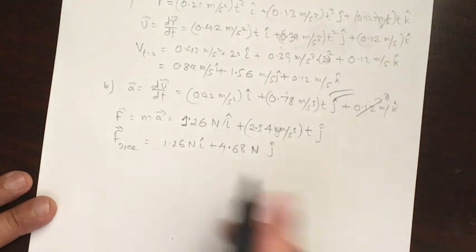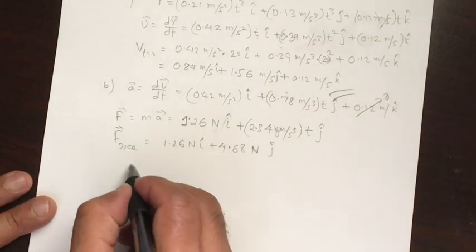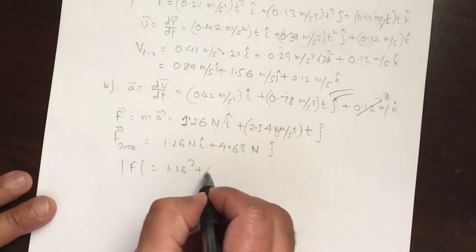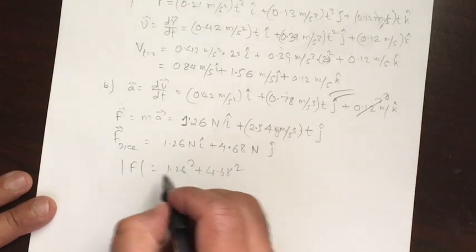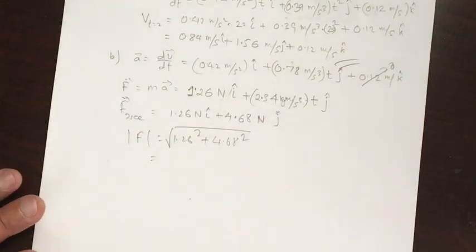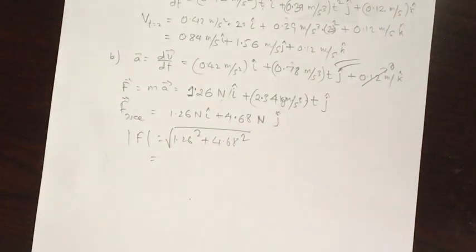Okay, so now the magnitude of force will be the square root of 1.26 squared plus 4.68 squared. This is the x component and this is the y component.